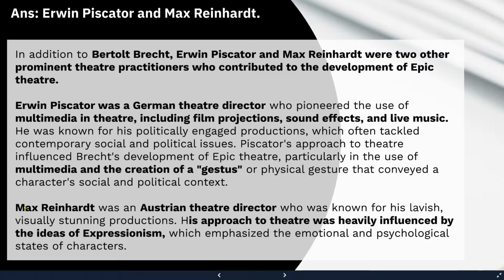Another who is associated with epic theater is Max Reinhardt. He was an Austrian theater director who was known for his lavish, visually stunning productions. His approach to theater was heavily influenced by the idea of expressionism.